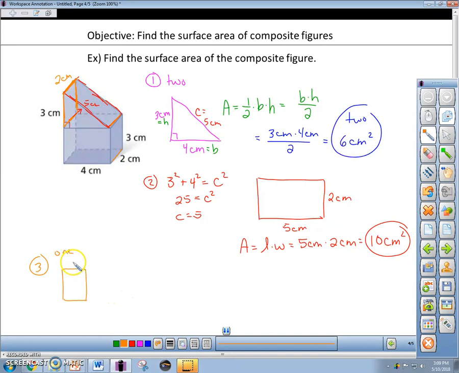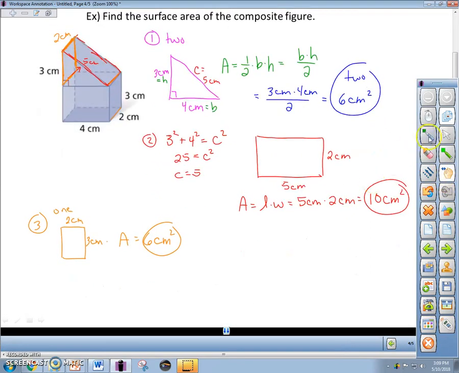So we have this 2 centimeters and this 3 centimeters, and that area is going to be 6 centimeters squared, length times width again. And that's all the outside surfaces of the triangular prism: the two triangles and the outside rectangles, this one and this one.